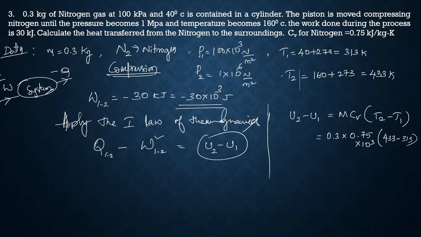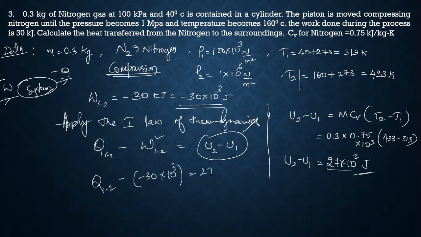Therefore, U2 minus U1 you will get 27 into 10 to the power of 3 joules. Therefore, Q1 to 2 minus W1 to 2, minus of 30 into 10 to the power of 3, is equal to U2 minus U1, 27 into 10 to the power of 3.